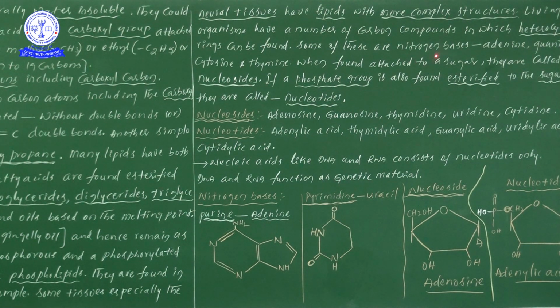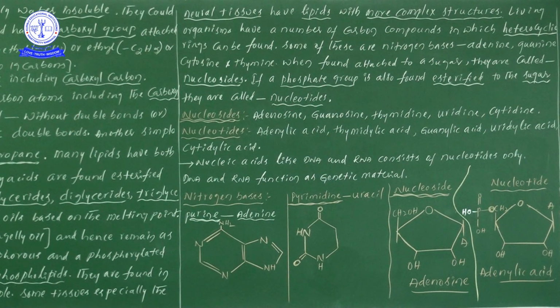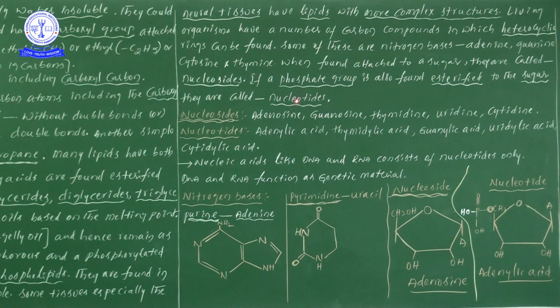So if you take nucleotides, three components together form the nucleotide. First one is nitrogen bases, second one is pentose sugar, and third one is phosphate group. These three together form the nucleotide. Suppose if I ask you to write down nucleotide, simply you can write: nucleoside plus phosphate is nothing but nucleotide. Suppose if I ask to write down nucleoside, what will you write?